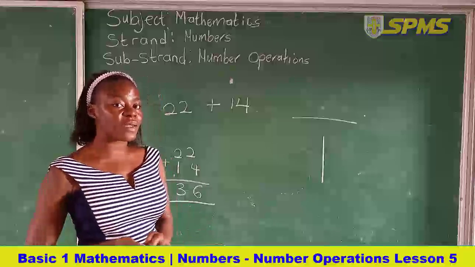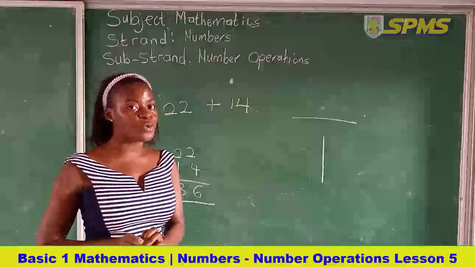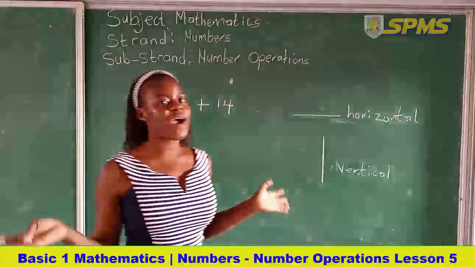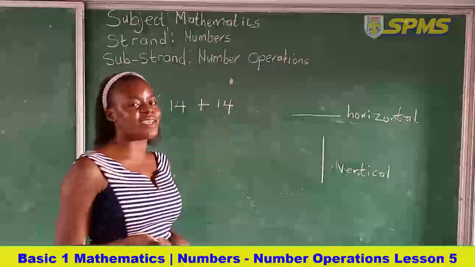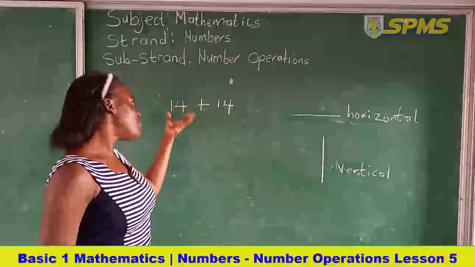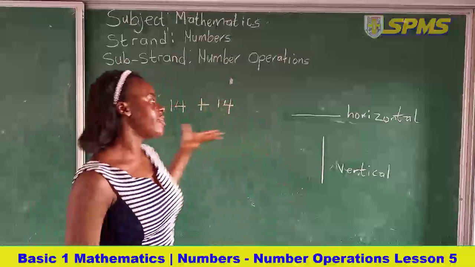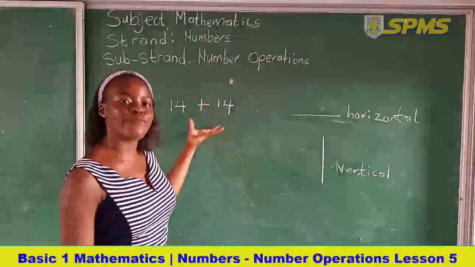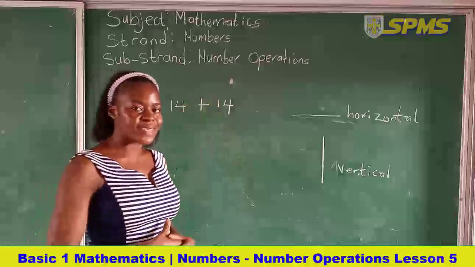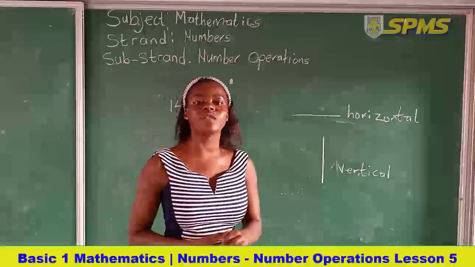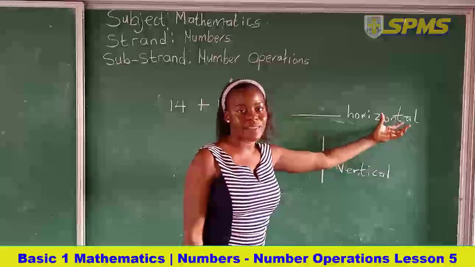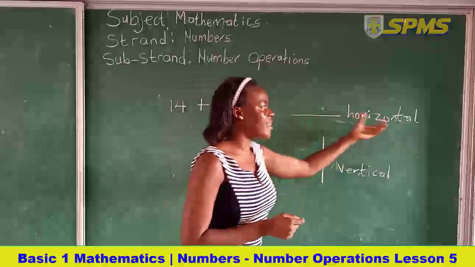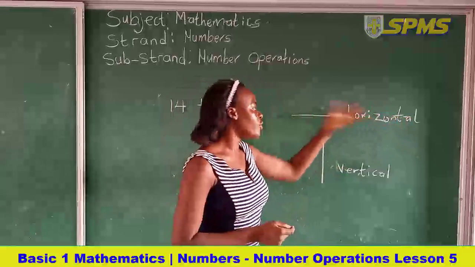Now let me give you another one. You try it and we'll do it here. I have 2 double numbers here, 14 and 14. You're going to add 14 plus 14. This is in horizontal form. So we said we can change it to the vertical form. Lines like this are called horizontal.